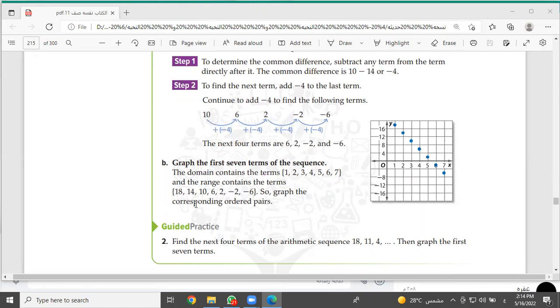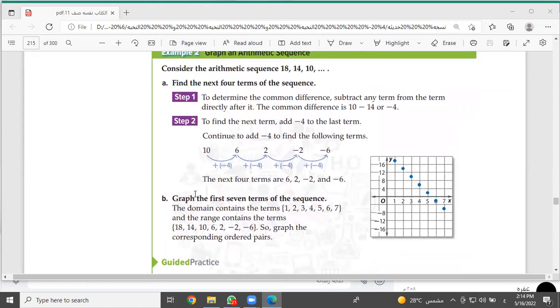So the first term will be 18, the second term 14, the third 10, subtract 4 gives us 6, subtract 4 gives us 2, subtract 4 gives us negative 2, subtract 4 negative 6, and so on.